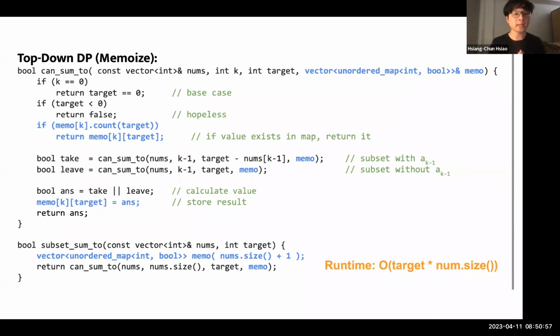So in this case, we make a vector of unordered maps called memo. And then we will see if the value exists in the map, we'll return it. It means that if the value is already calculated before, we can just get it from the map. So a little bit of tweaking in the blue part would make this a top-down DP solution.